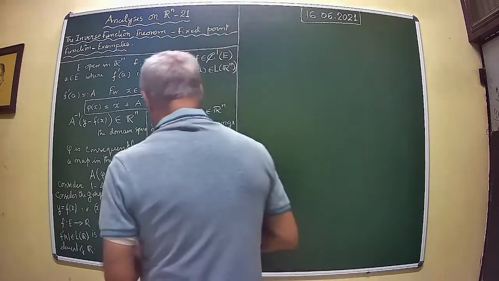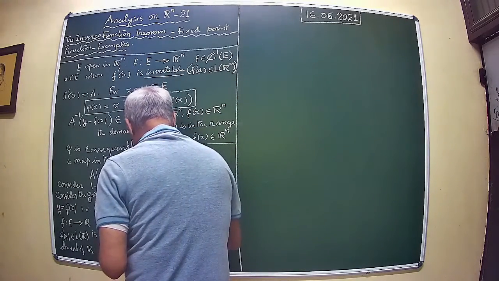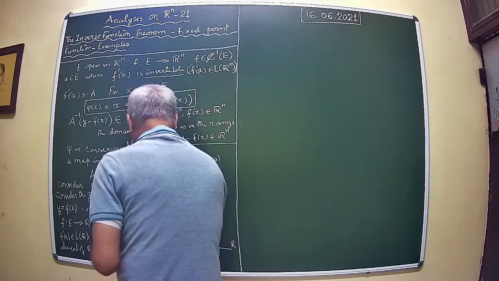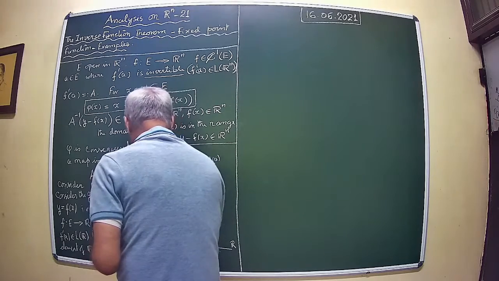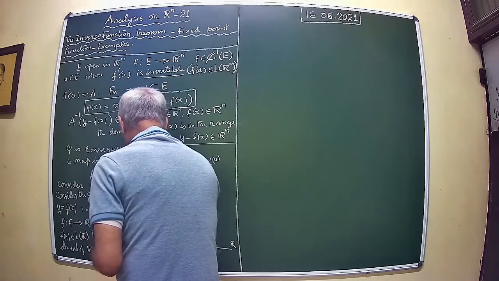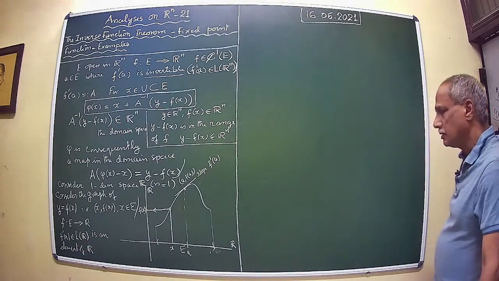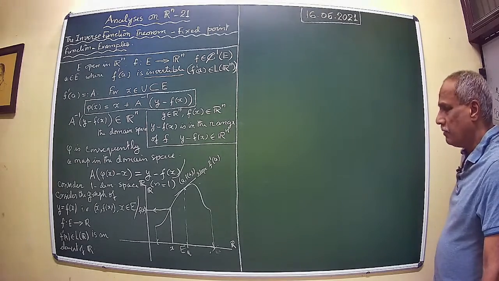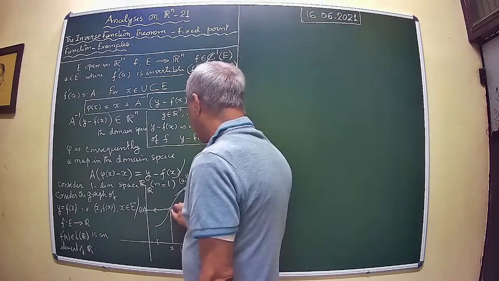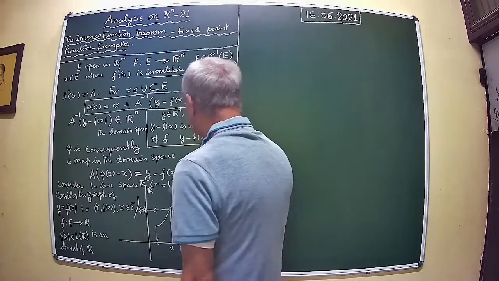Okay. Now what do we do? We take a point x, f x. Now what we do is we draw a line through this point x, f x with slope f dash a.